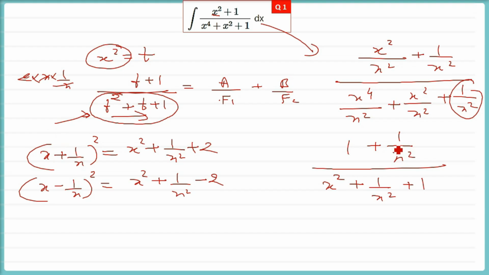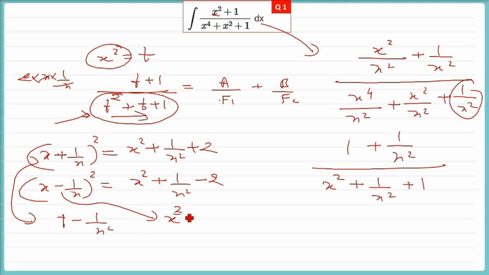We need this 1 plus 1 by x square. This will come from the differentiation of the denominator. So denominator is x square plus 1 by x square plus 1. So you can take x plus 1 by x whole square also. You can take x minus 1 by x whole square also. But since we need 1 plus 1 by x square in the numerator, we cannot have x plus 1 by x in the denominator. Alright?